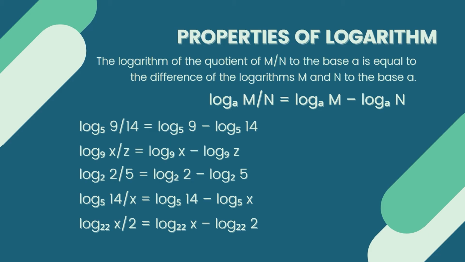Logarithm base 5 of 14 over x equals logarithm base 5 of 14 minus logarithm base 5 of x. Logarithm base 22 of x over 2 equals logarithm base 22 of x minus logarithm base 22 of 2.